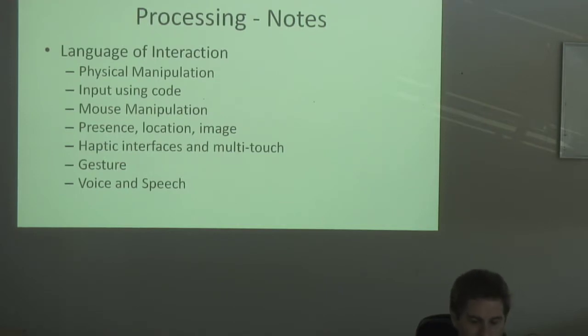Processing itself and the libraries built on it are designed to enable a language of interaction. We're less interested in reading from files and writing to files. You can do that, but it's really been designed to support interaction, be that visually, through keyboard, mouse, image processing, or reading off devices like that other guy who used the Wiimote.